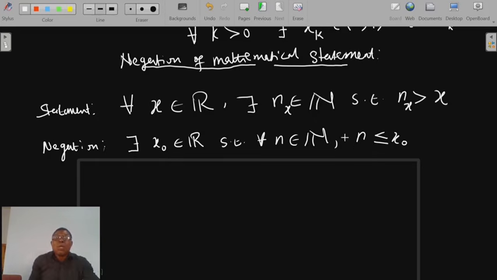Now, to negate a mathematical statement that involves the universal and the existential quantifiers, what one should bear in mind is the following rule, which should guide whoever is trying to do that. It's a very simple rule.